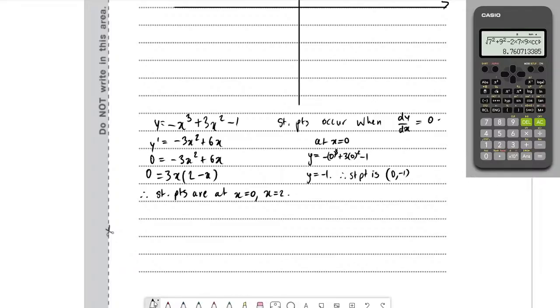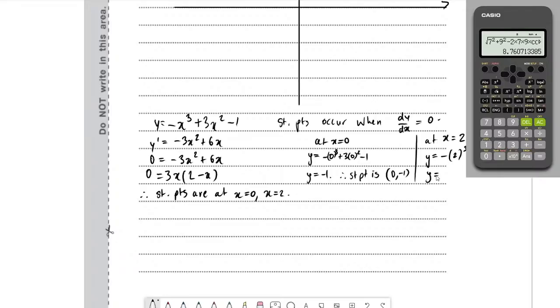And at x is equal to 2, we get y is equal to minus 2 cubed plus 3 lots of 2 squared minus 1. Now, the reason I'm substituting these into the original equation as opposed to the derivative is because we're looking for the specific points that this thing lies on the function itself, not on the derivative function.